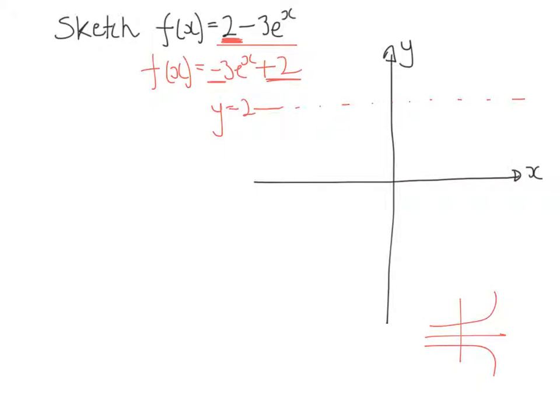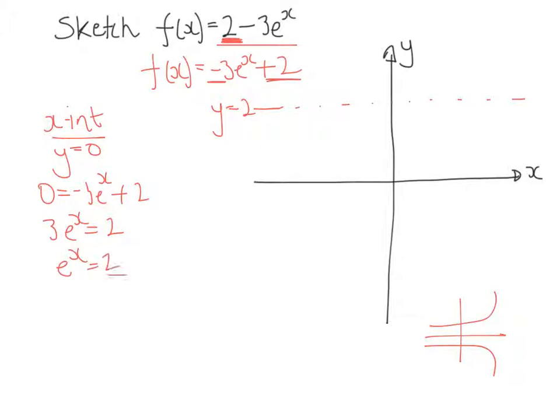So it'll have a y-intercept and an x-intercept. For the x-intercept, y is equal to 0. So 0 is equal to -3e to the x plus 2. That'll be 3e to the x equals 2, and then e to the x is equal to 2/3.